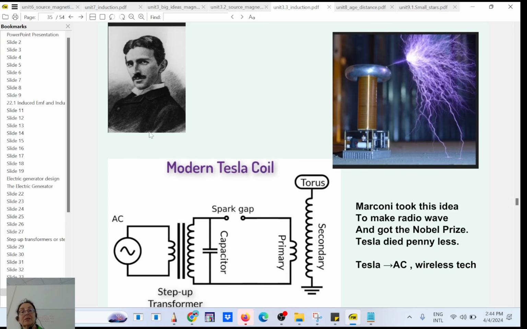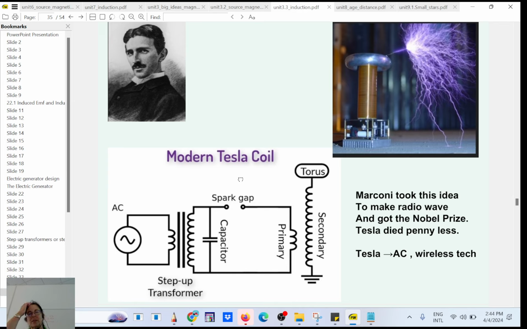Application: genius Tesla, Nikola Tesla. For example, he did the Tesla coil. So the idea again, you're going to have a step up transformer, and here you're going to charge a capacitor.